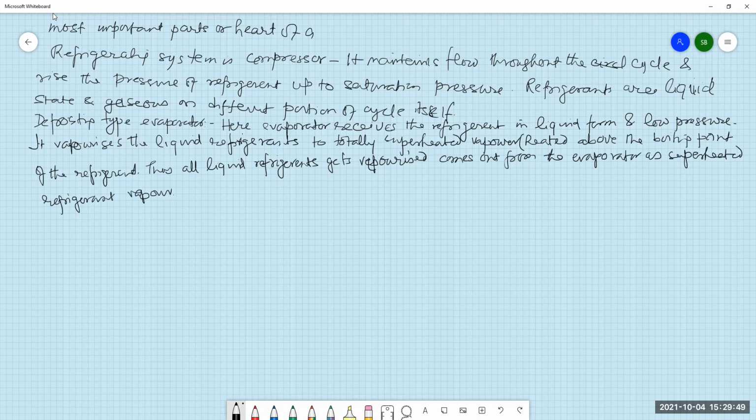Next, it absorbs all such heat as latent heat, not sensible, from the surroundings of the evaporator coil.